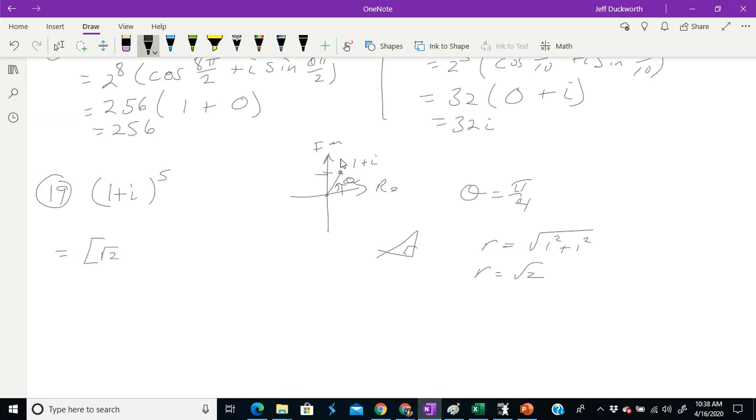So this equals root 2, right? And then our cosine and i sine are going to be at pi by 4, and that's all to the 5th power. So as before, we're going to drop the 5th power down, multiply here, and raise to the exponent here.